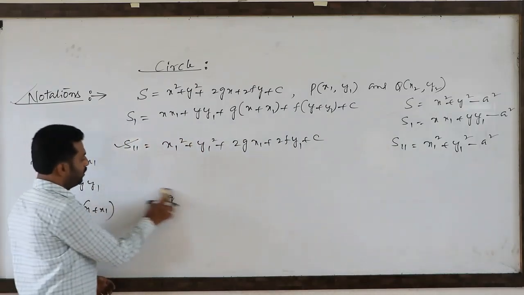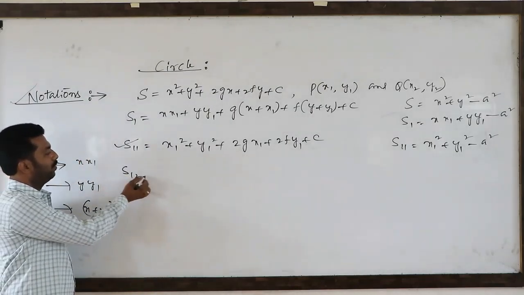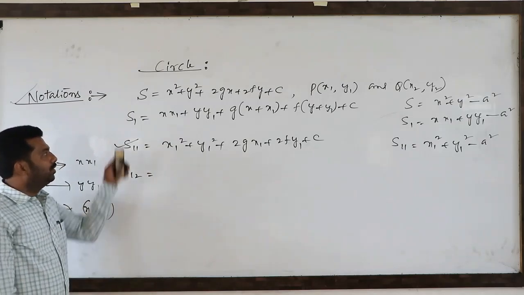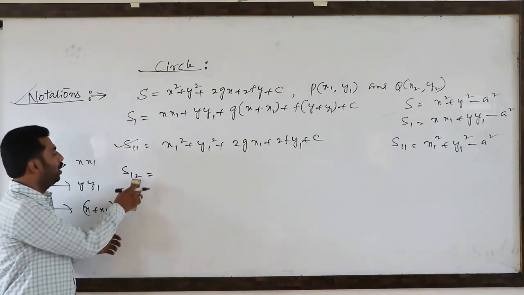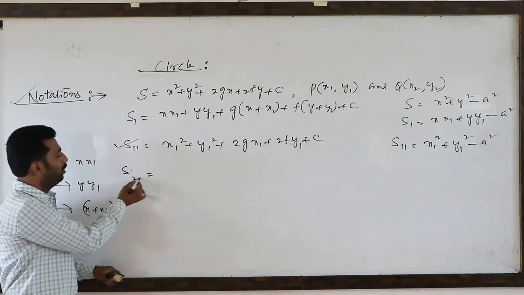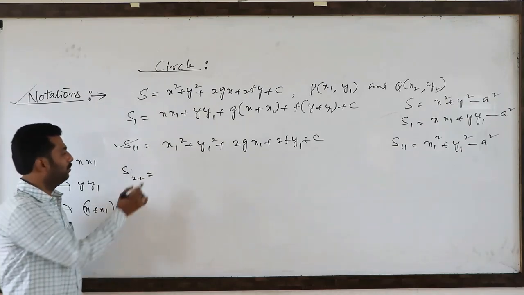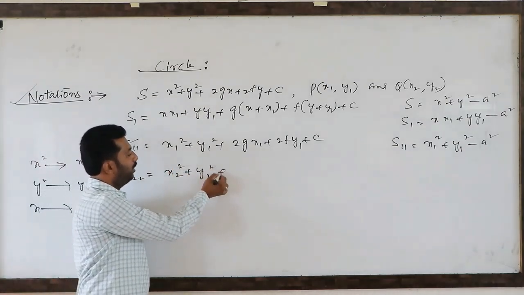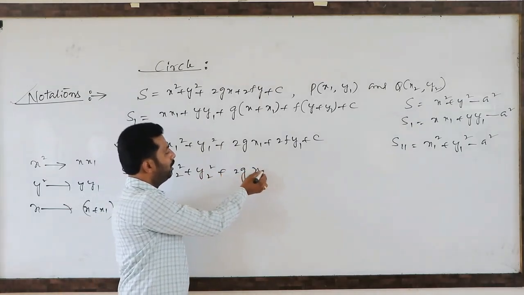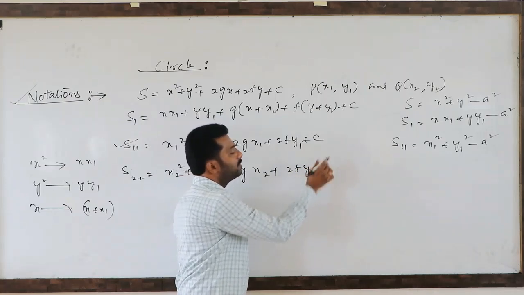One more notation is S12, or S22 also you take. S22 means we substitute x2, y2, that is x2 square plus y2 square plus 2g x2 plus 2f y2 plus c.